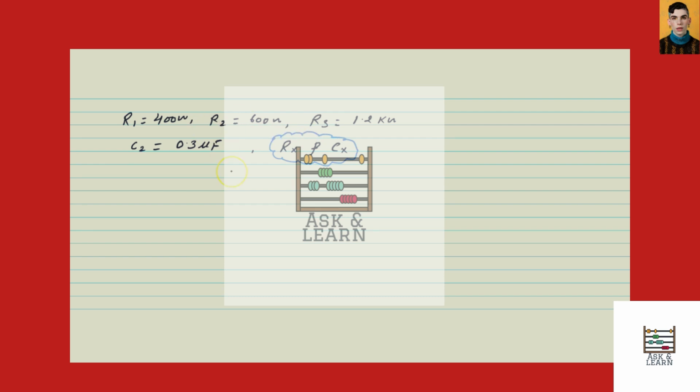Okay, so let's see what happens in the case of an AC bridge. The circuit is like that. There are 4 branches which have impedances Z1, Z2, Z3, Z4, a detector G, and the AC source.